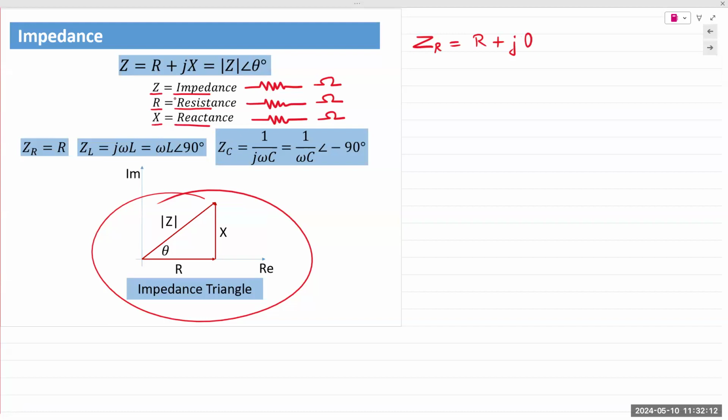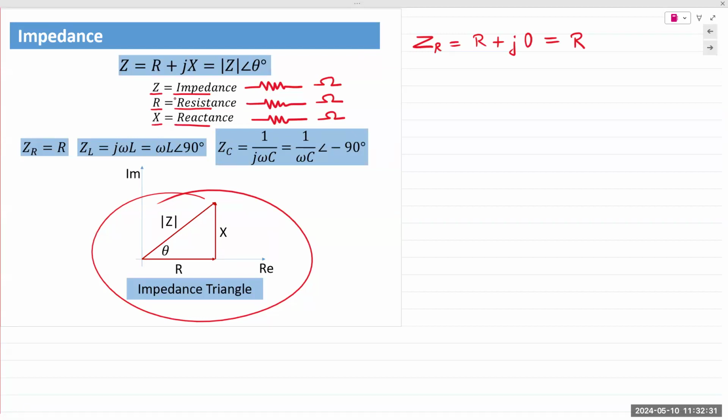So impedance for a resistor is simply the resistance R. A resistor behaves the same way for AC as it does for DC. No change. So there is no such thing as impedance of a resistor. It is simply the resistance. That's it.